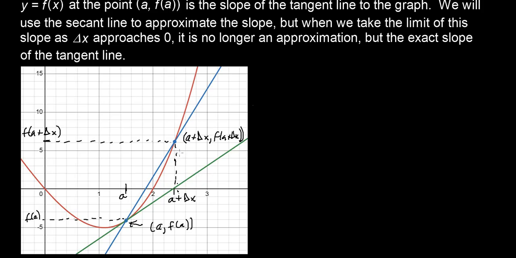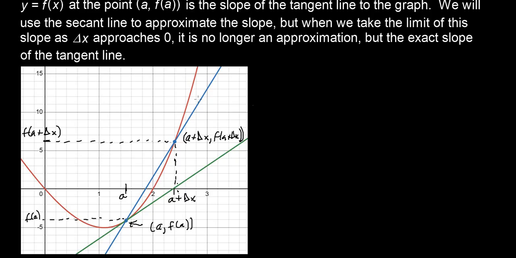I've also indicated a second point on the graph of y equals f of x, with coordinates a plus delta x, f of a plus delta x. So we have two points on the graph of the function, and I've drawn a blue secant line connecting those points. Just as we did with x squared, we could use the secant line to approximate the slope.